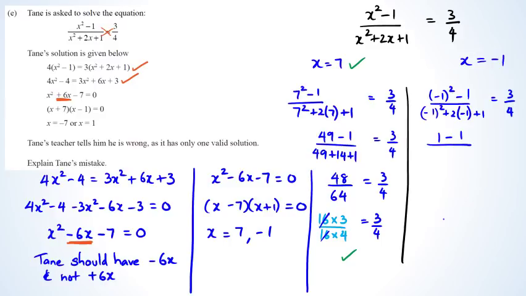In the denominator, negative 1 squared is positive 1, 2 times negative 1 is minus 2, plus 1. Now when we simplify this, we actually get 0 over 0 equals 3 over 4, and this doesn't work for us. Therefore, you cannot have x equals negative 1. So you have to mention that x equals 7 is the only possible answer that you could get. So only valid solution.